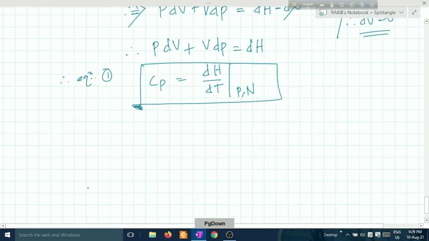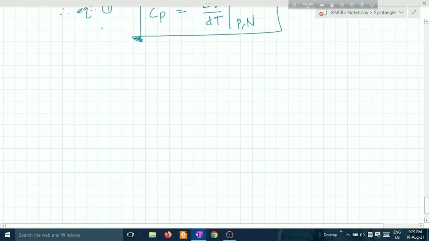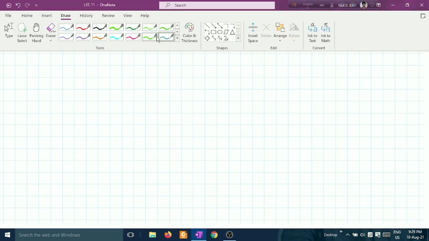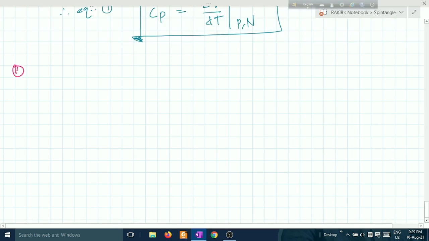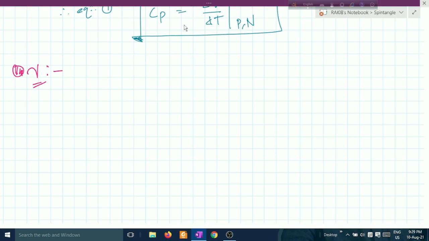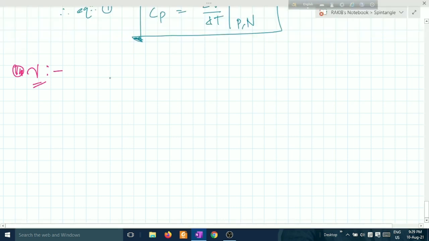Therefore, giving another point, say this is gamma. Gamma equals Cp by Cv. Put the value of Cp here.